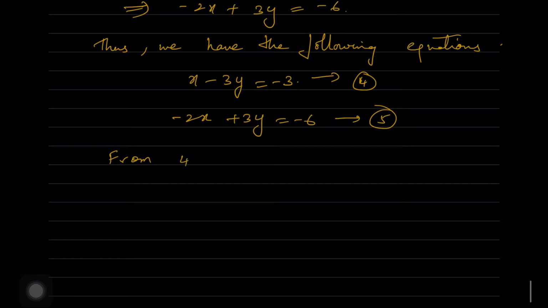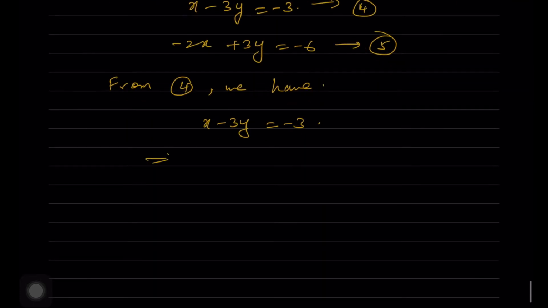So now from equation 4 we have x is equal to 3y minus 3. Take this as equation 6. Substitute this equation 6 in equation 5. What will we get? We'll see.